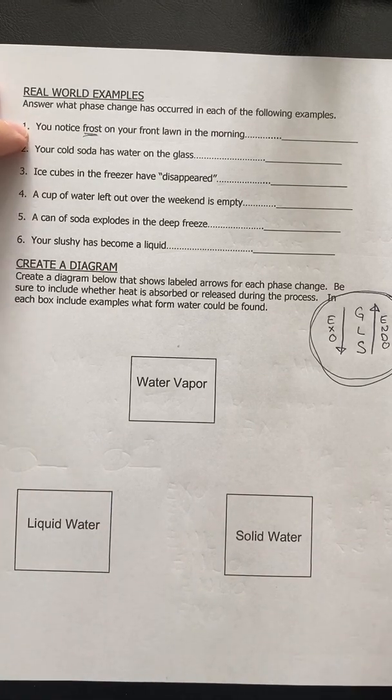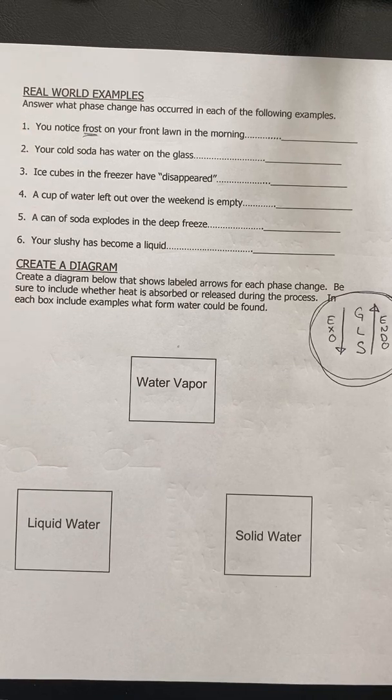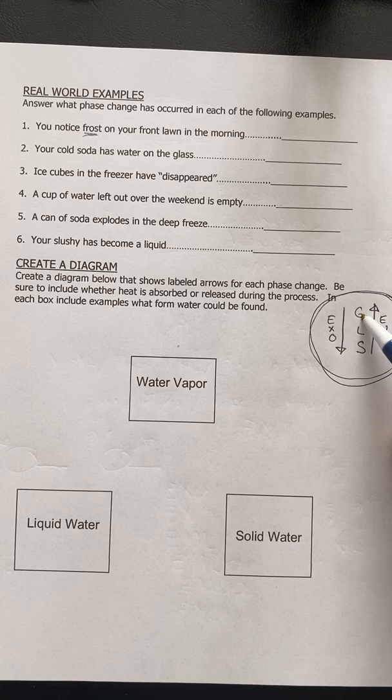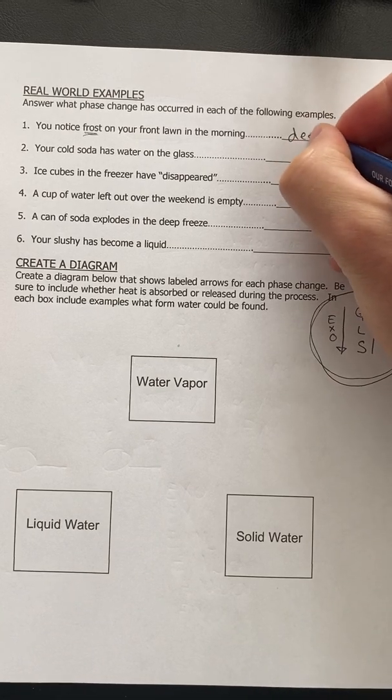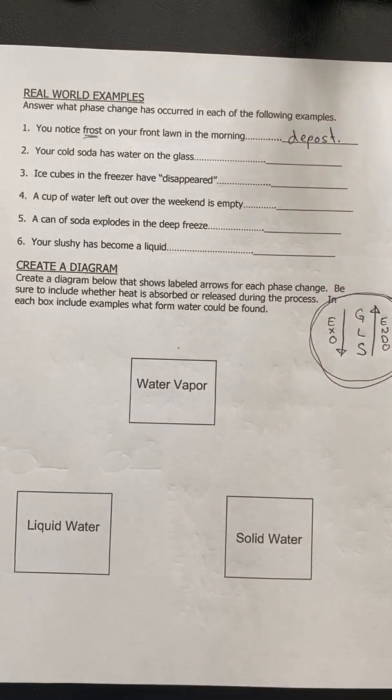So if that frost occurs, what had happened was you had the water vapor freeze. So think about that. Water vapor is a gas. It froze solid. So if you went from a gas to a solid, that's referred to as deposition.